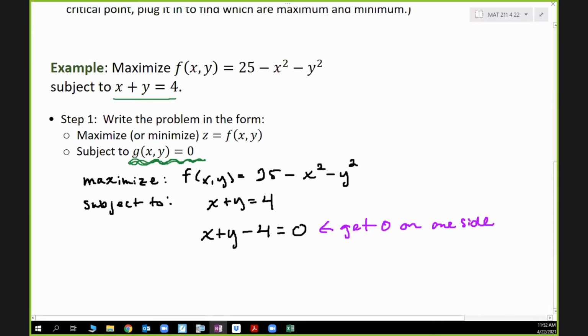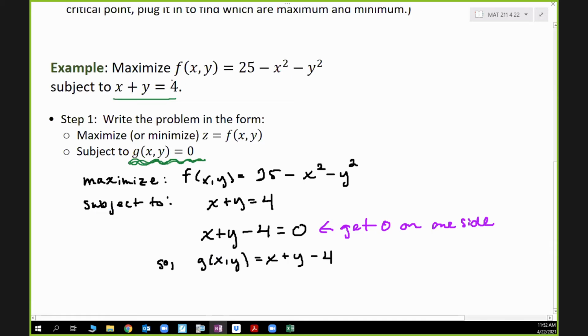And the thing that's on the other side is our g of xy, excuse me. So that's the key step here.